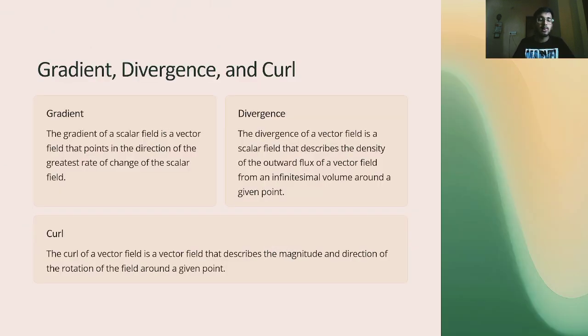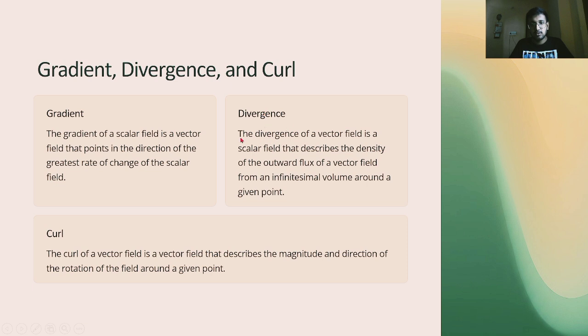Next we have gradient, divergence, and curl. The first one is gradient. The gradient of a scalar field is a vector field that points in the direction of the greatest rate of change of the scalar field.